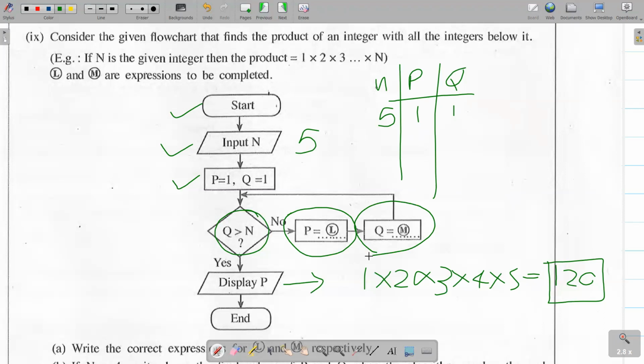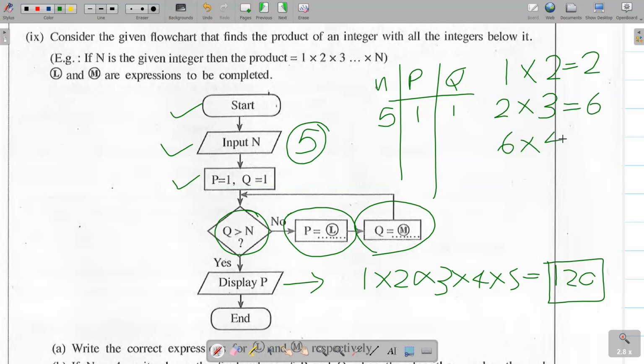Now if you think about the calculation that we are going to do, if we give the input as 5, first I will be doing 1 into 2, the answer is 2. Then 2 into 3, answer is 6. Then 6 into 4, answer is 24. Then 24 into 5, 120.